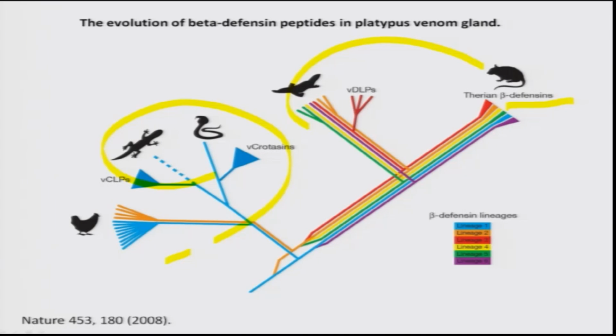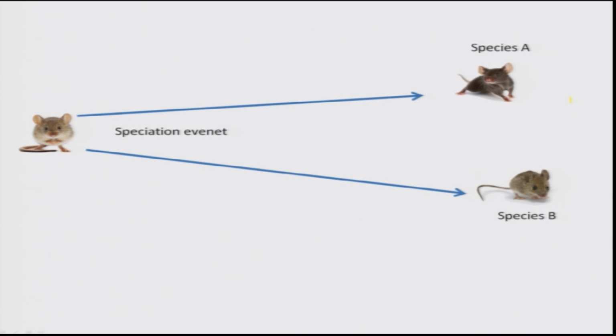But here it is much milder in our body, which is secreted, as I told you before, in the intestinal lining and in the skin, which helps us to prevent bacterial infection and so on. So it is only the way the protein has evolved in a given species that made it more toxic, whereas here it is less toxic. But it is what is called parallel evolution. It is not something that they acquired from the lineage that led to the reptiles.